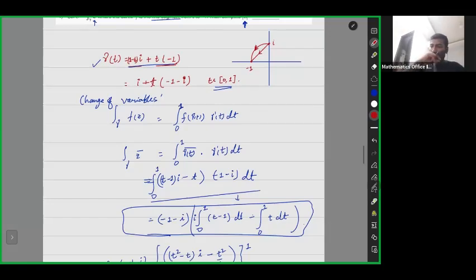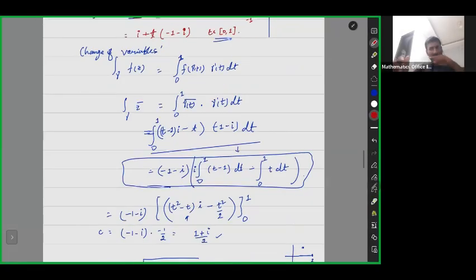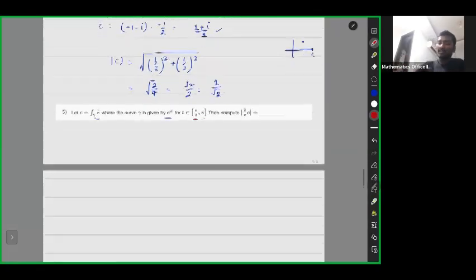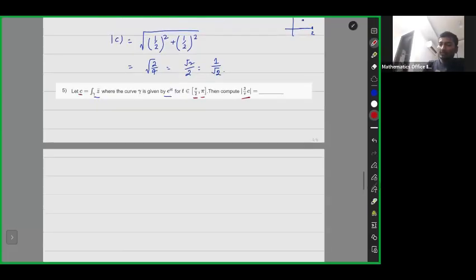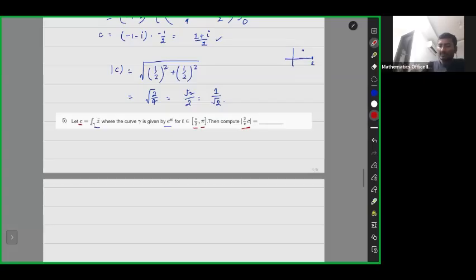Okay. So again we have to calculate C and then the modulus of this number. Now that we have been given our curve gamma, we can directly use the change of variable.